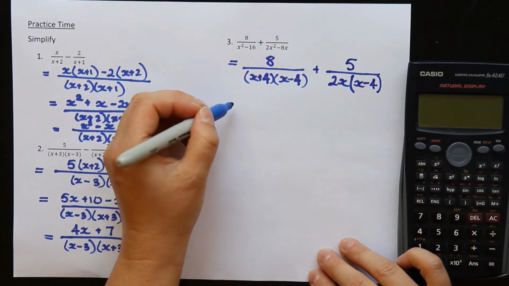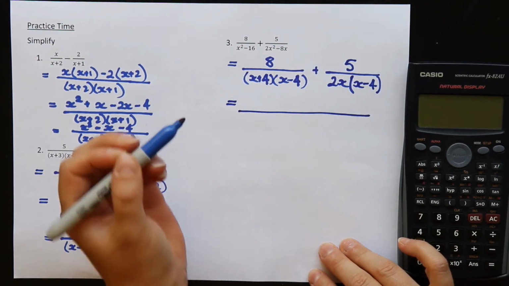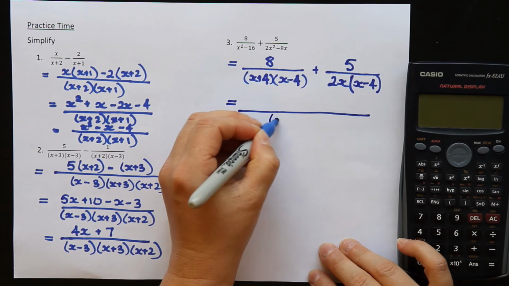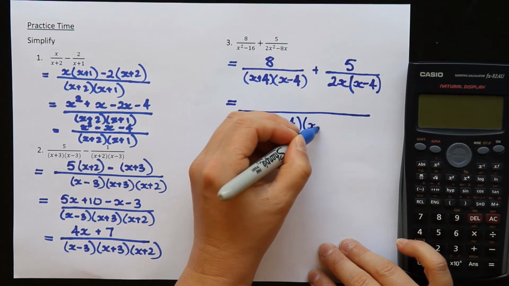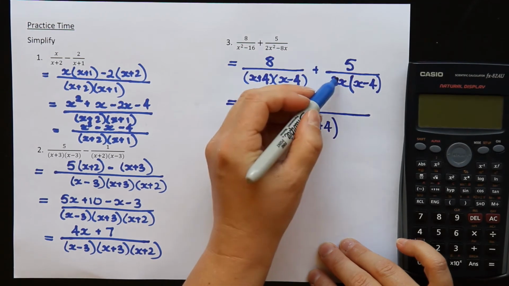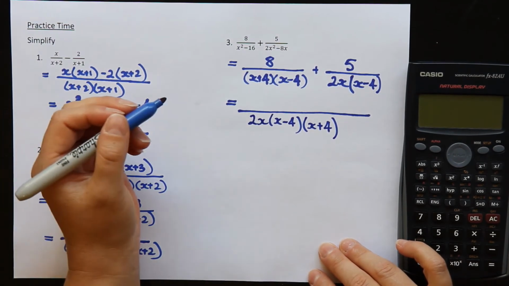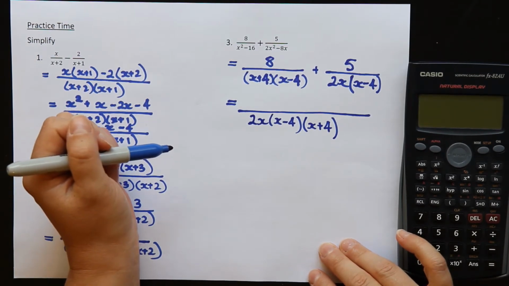Okay, now for trying to find the common denominator. Now, the x minus 4 is in both of them. This one also has the x plus 4. And I have a 2x. Even though it's not in a bracket, it is still something that needs to go on the denominator in order to get a common denominator here.